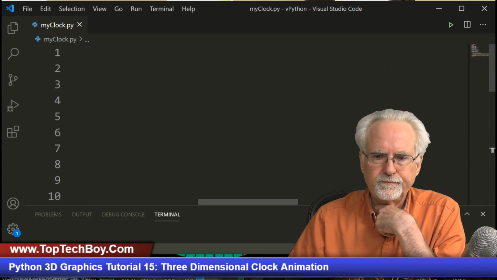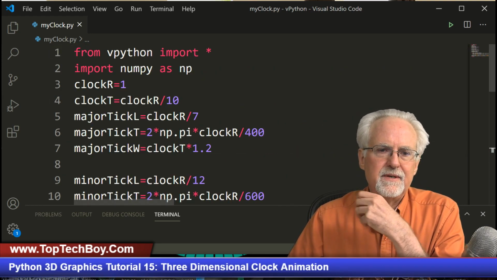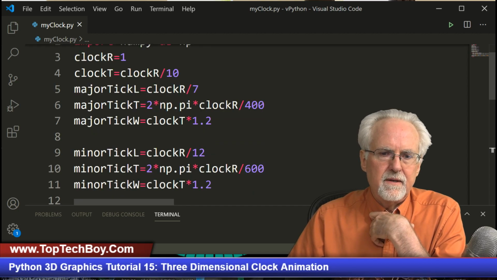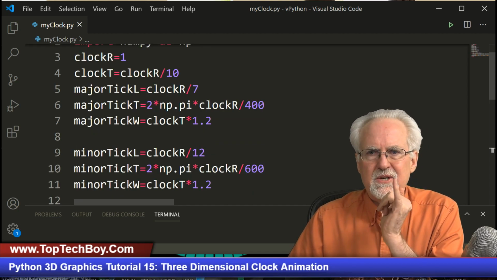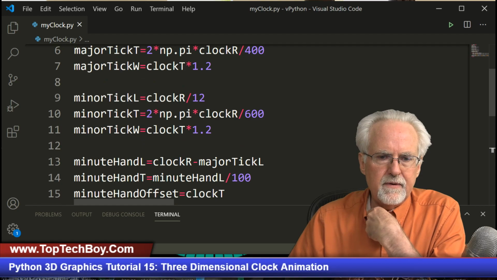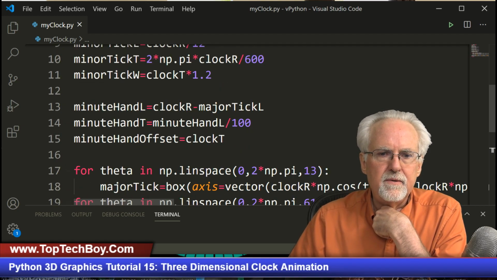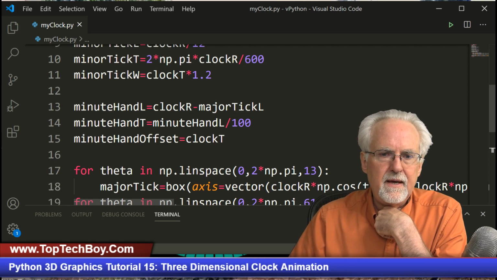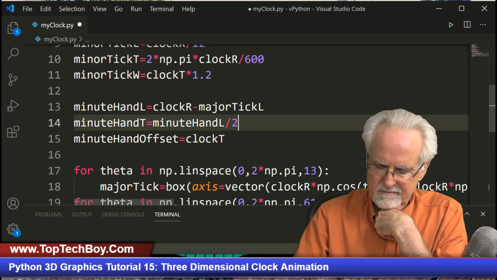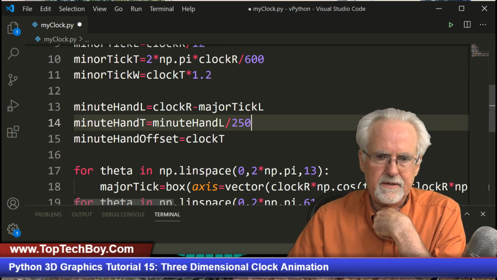First of all, the hand is too heavy. So I would come here to minute hand length. I thought that looked good, but for the minute hand thickness, I took the minute hand length and divided by 100. I think I need to divide by 250, let's say.